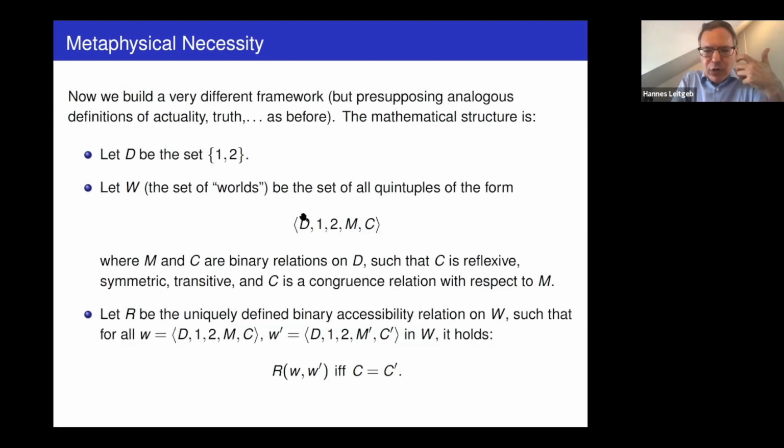If 2 things like 1 and 2 here are congruent at the world, then the world cannot distinguish between 1 and 2, even in terms of the M relation. So for example, if 1 would stand in the M relation to itself, 2 would also stand in the M relation to itself if 1 and 2 are congruent. So it's like the identity relation, as it were, at the world. And I built in the formal properties of the identity relation, but that's all.